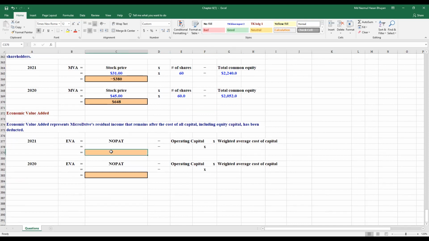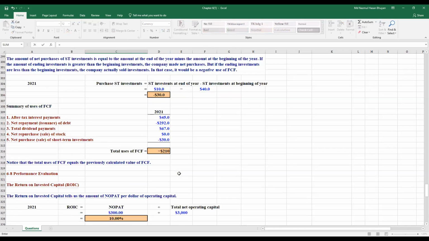Next, economic value added. So economic value added is the residual income that remains after the cost of all capital. Okay, so let us first get net operating profit after tax, which is our income.